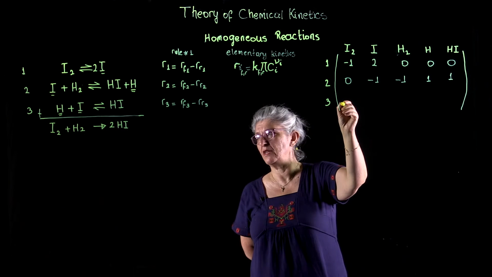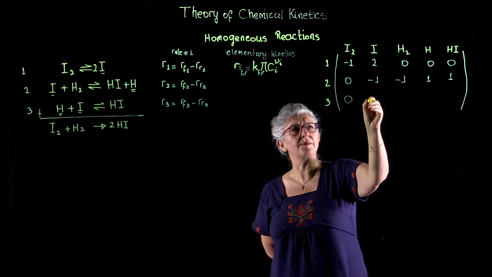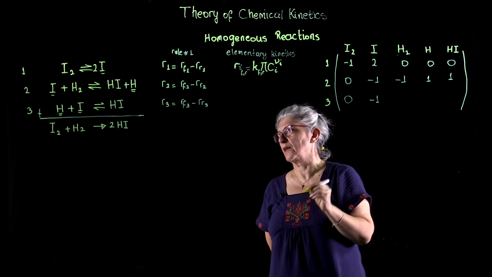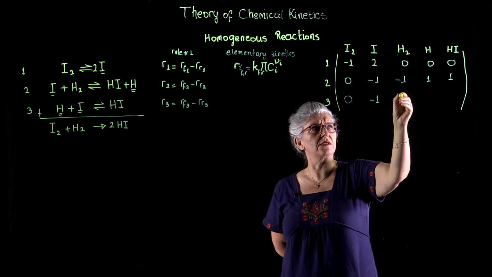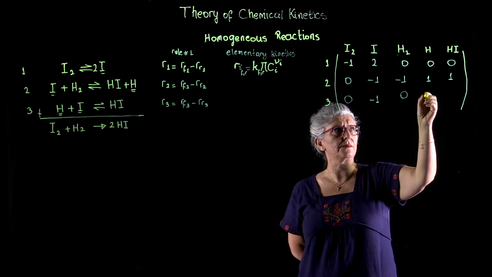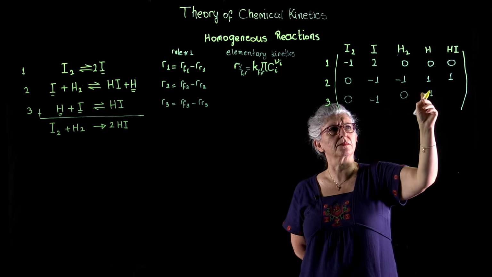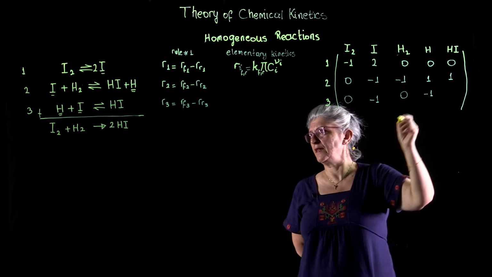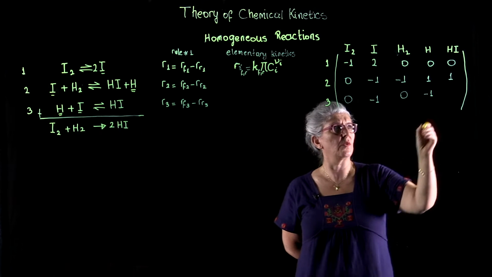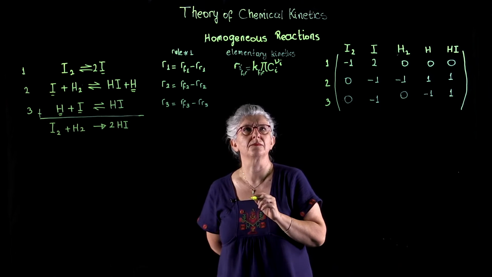In reaction 3, I2 is again 0, I is -1, H2 is 0, H is -1, and HI is 1.